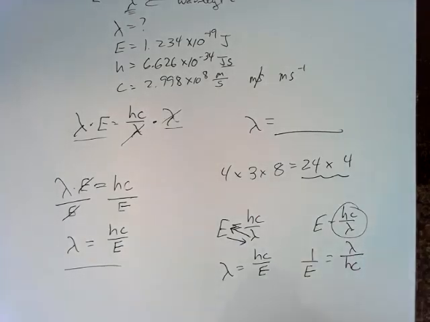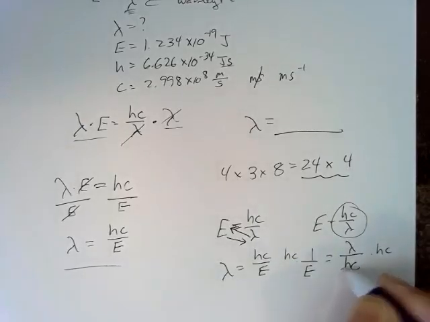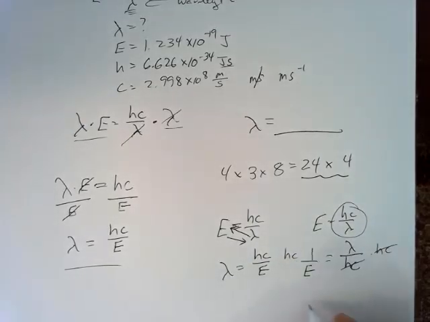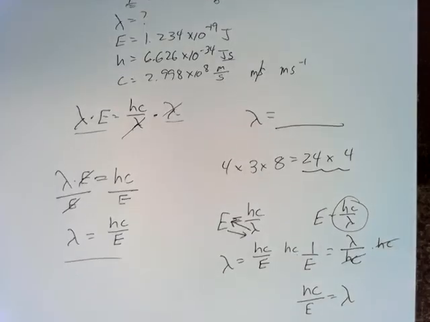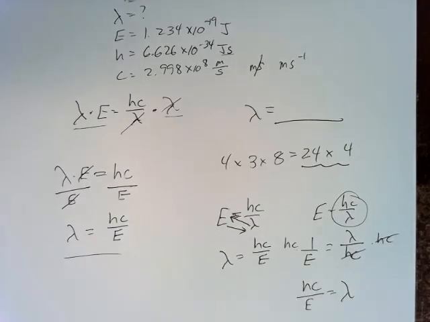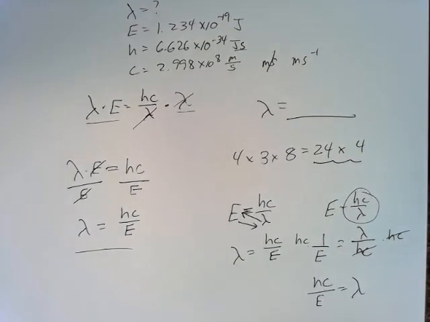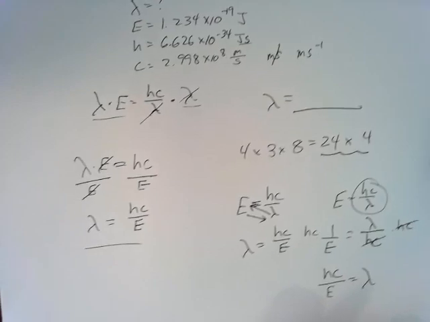Still have an isolated lambda, but to isolate lambda, we see that if we multiply both sides by hc, the hc's would cancel. So we end up with hc over E is equal to lambda if we go the route of taking reciprocals. So they all amount to the same thing. Whichever way you become most comfortable with getting these types of problems correct, I'd encourage you to go with. The important point is getting them correct and not guessing.